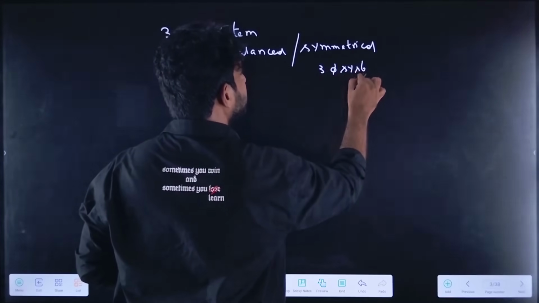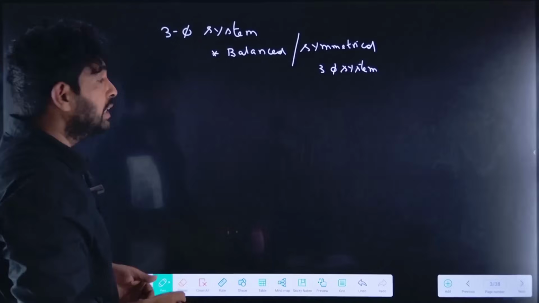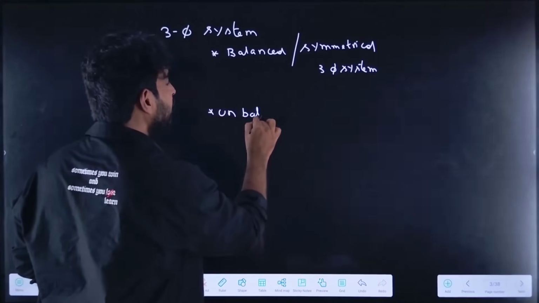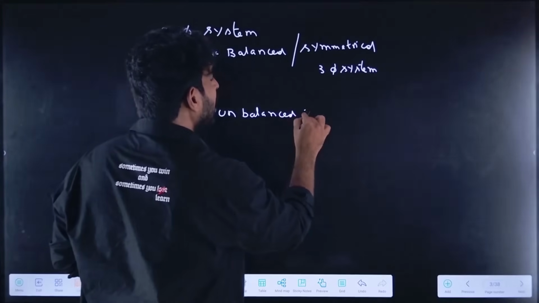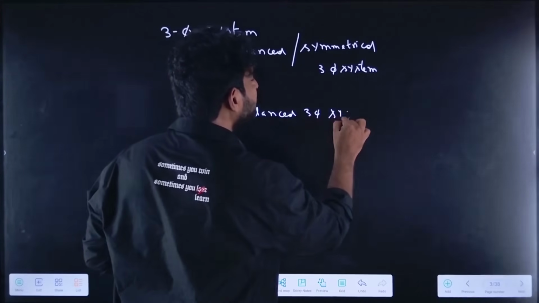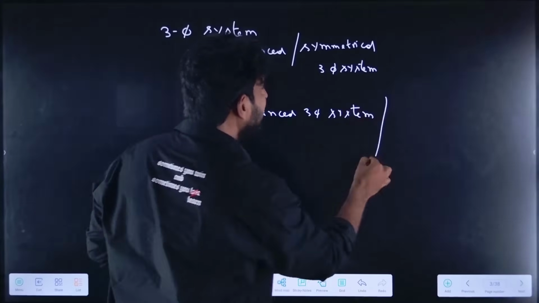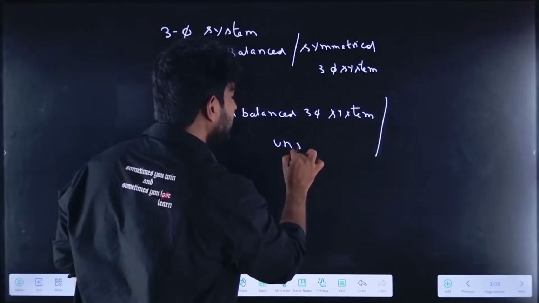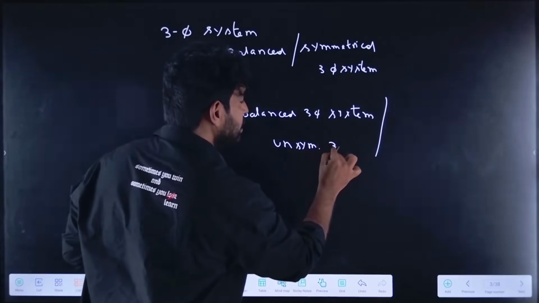The second one is the unbalanced three-phase system, or unsymmetrical three-phase system.